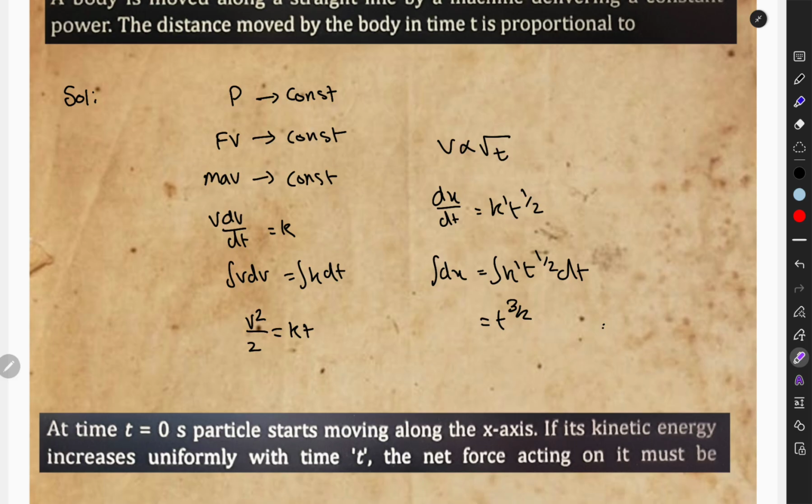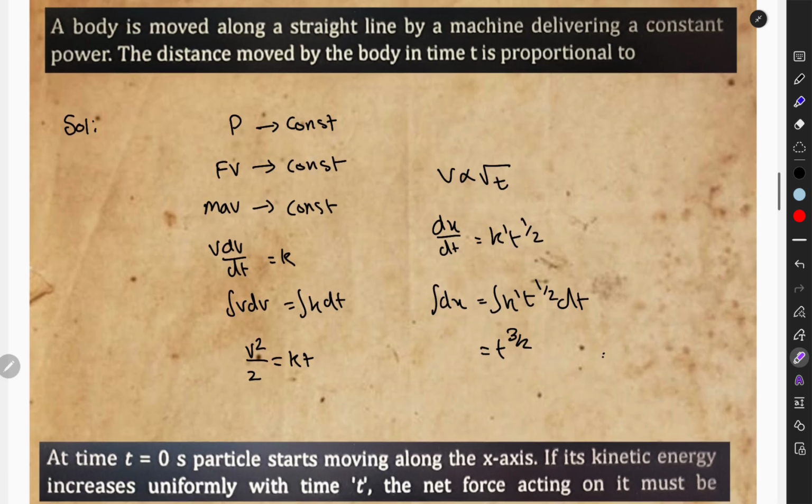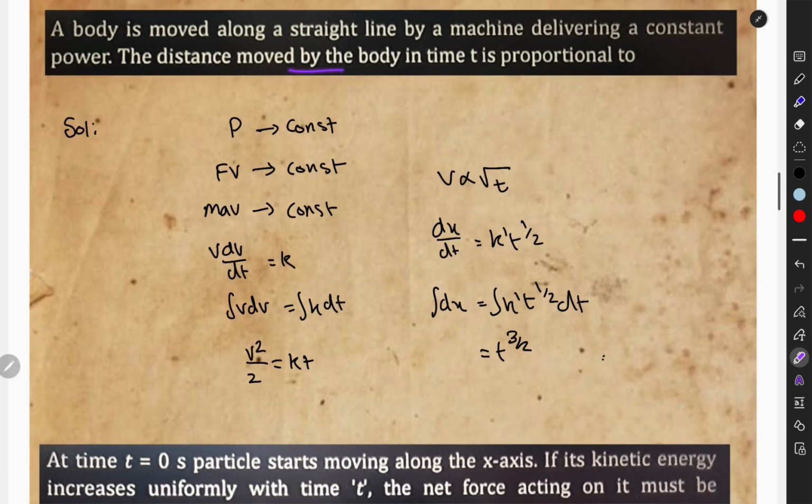equal to kt. We need to find the distance moved by the particle in time t is proportional to what. So v is basically proportional to root t, and differentiate it once again.